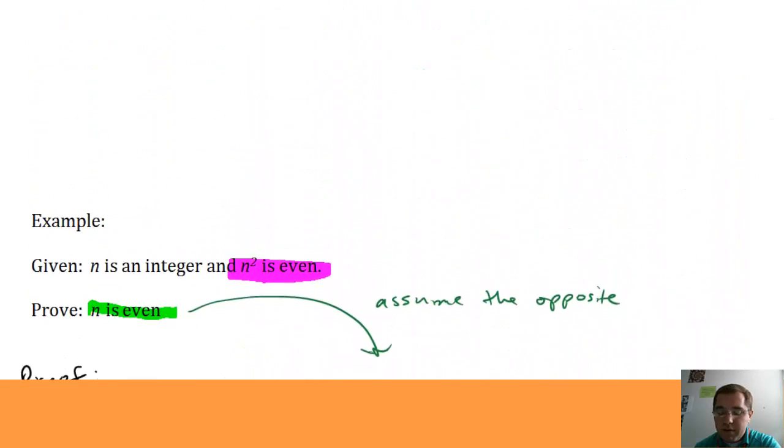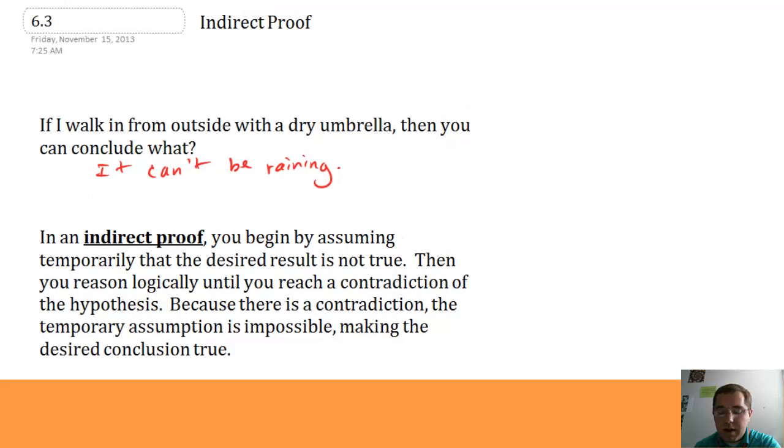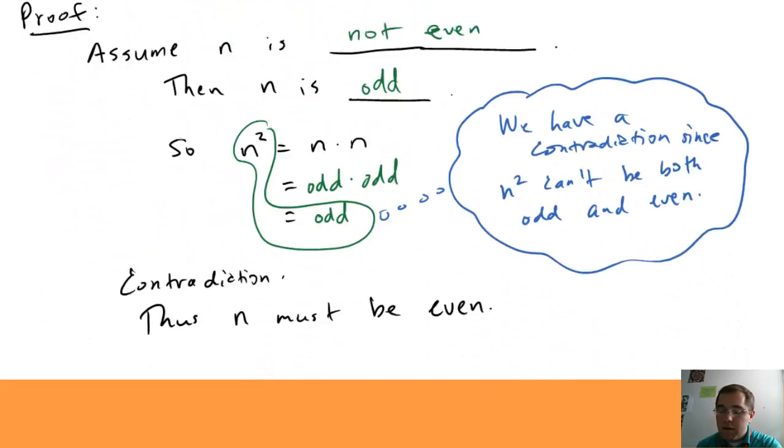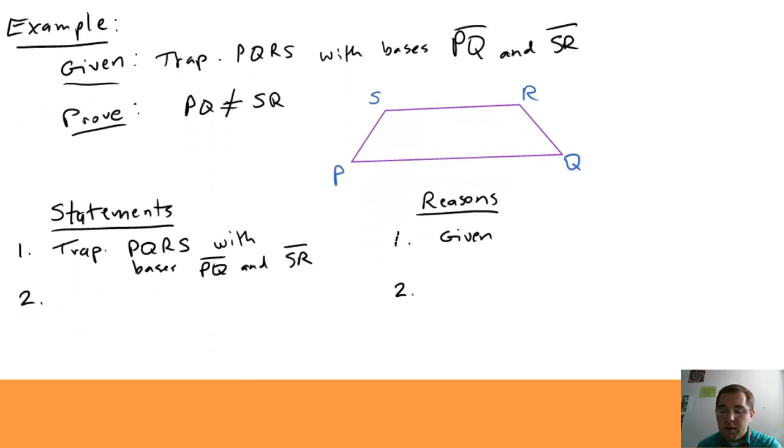So an indirect proof basically shows that the opposite of your conclusion can't be true. So your conclusion has to be true. Here's our second example. This will look more like a traditional proof. We have trapezoid PQRS, and the bases of the trapezoid are PQ and SR. We want to prove that PQ and SR, the two bases, are not equal.